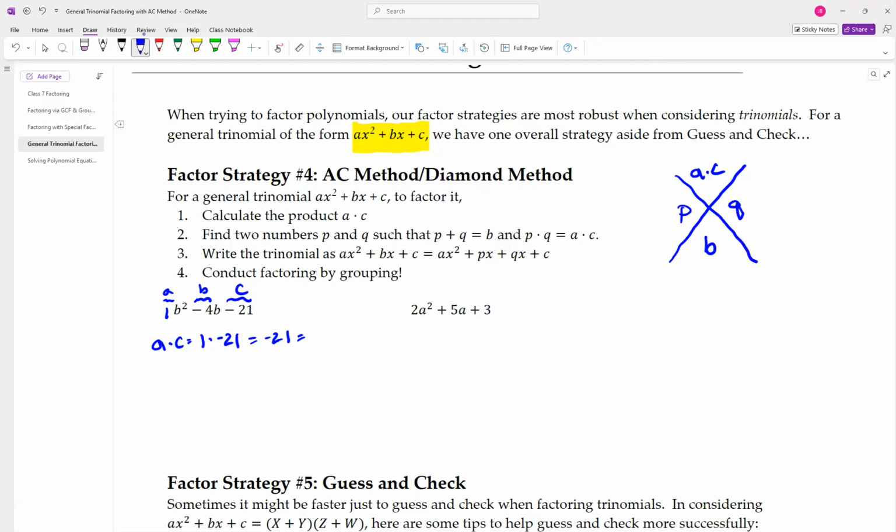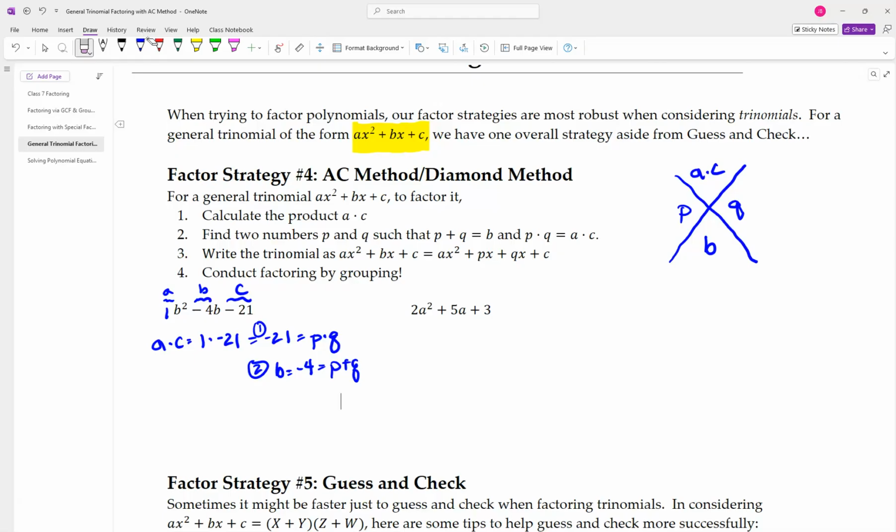And this is equal to two numbers, P times Q. I don't know what those are, but that's kind of one equation I have to work with. The second equation I have to work with is knowing that B, which is negative 4, is the same as P plus Q.